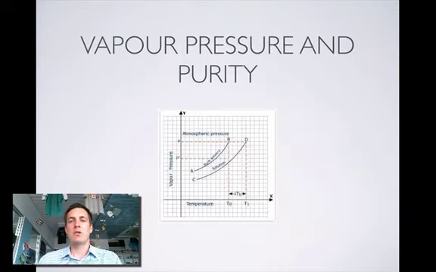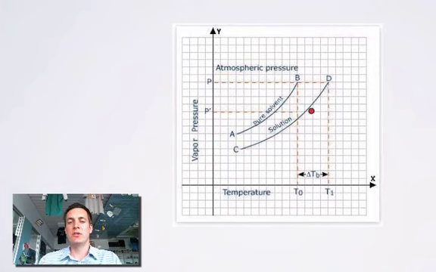Now, what's vapor pressure got to do with purity? You might remember from an earlier film that a solution has a higher boiling point than the pure liquid. What does that mean? Well, that means that the vapor pressure of the solution won't reach atmospheric pressure until a higher temperature.